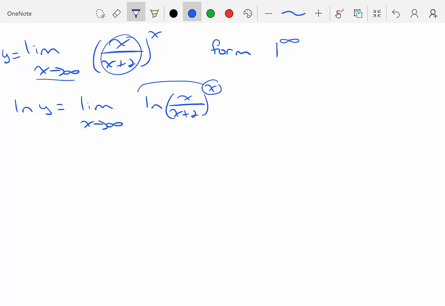Properties of logarithms says that I can move the power down, so this becomes the limit as x approaches infinity of x times the natural log of x divided by x plus 2.